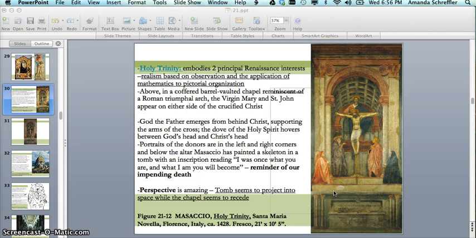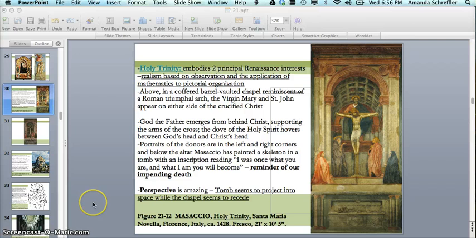And of course, the use of linear perspective. This is a really great artwork for talking about linear perspective because of this intense sense of depth we get. It looks like we're kind of looking through this tunnel at the Holy Trinity.